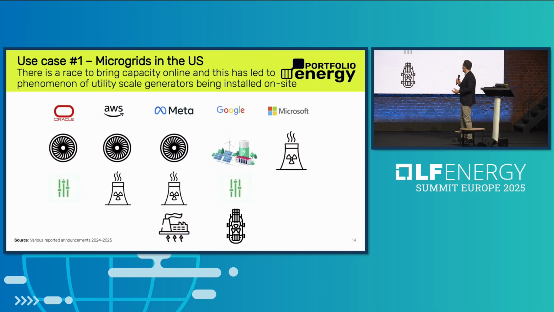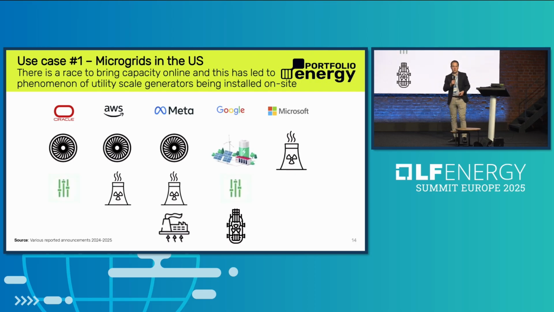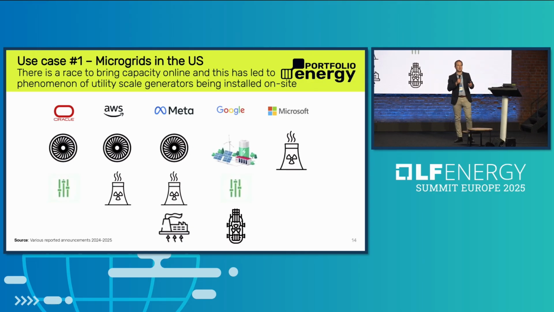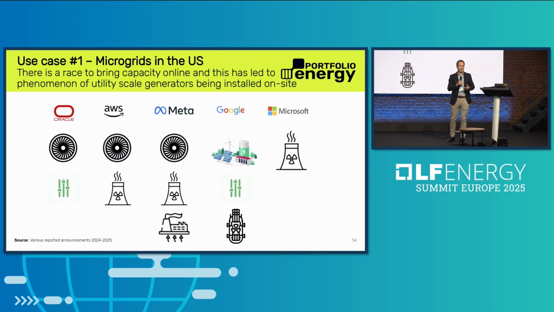There are big investments in small modular nuclear reactors, and you've seen Meta trialing geothermal. Encouragingly, Google is really trying to work out how to incorporate variable renewables and batteries with their sites, whereas others are going more for conventional sources of generation.